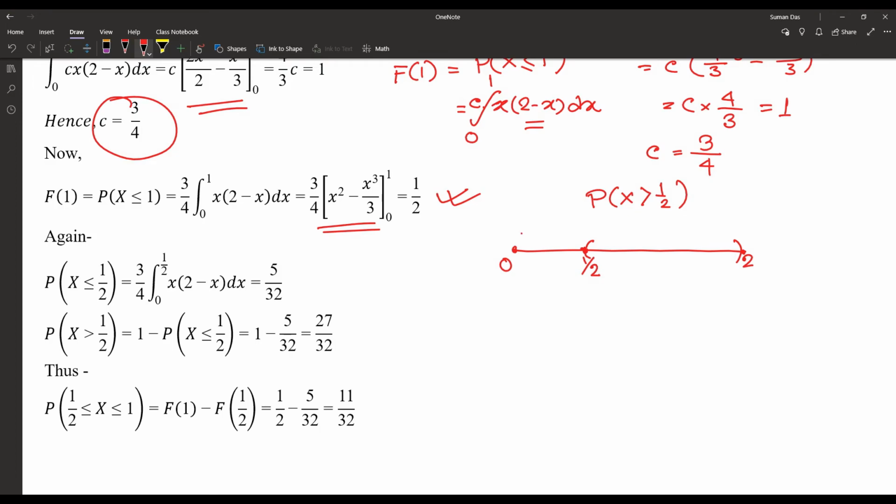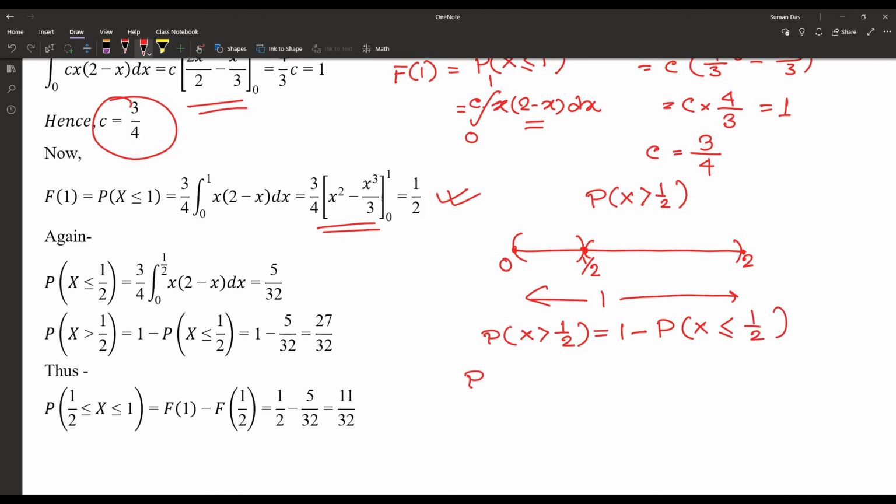At first we can find the value from 0 to half, then the total value we know is 1. So P of x greater than half is equal to 1 minus P of x less than or equal to half.